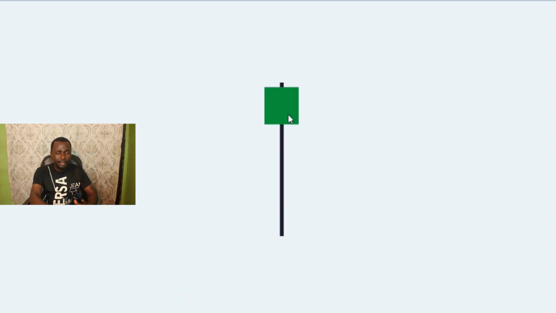Another example we have here is the hammer. The hammer is related to the bullish engulfing pattern. This tells you that the buyers are strong in this market. What happened is this: the market opens here, right? This is where the market opens. Then the sellers took charge and pushed the market all the way to this level.